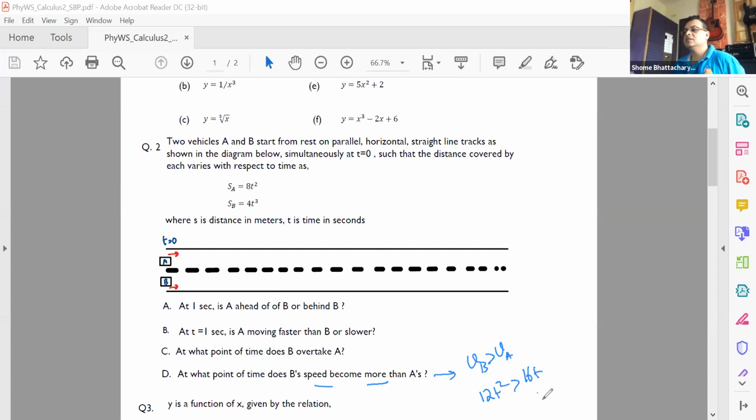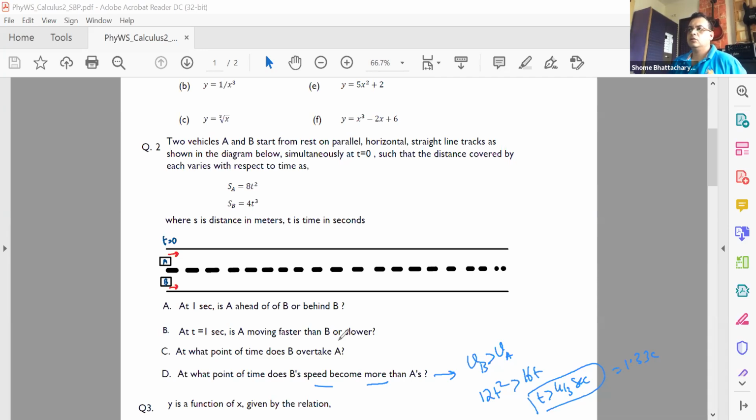So we had seen that this time was greater than 4/3 seconds, which is 1.33 seconds. So you can see that B is picking up more speed than A between 1 and 2 seconds. And that is why by the time you're coming to 2 seconds, B is actually overtaking. Okay, so I hope the whole thing is clear for you people now.